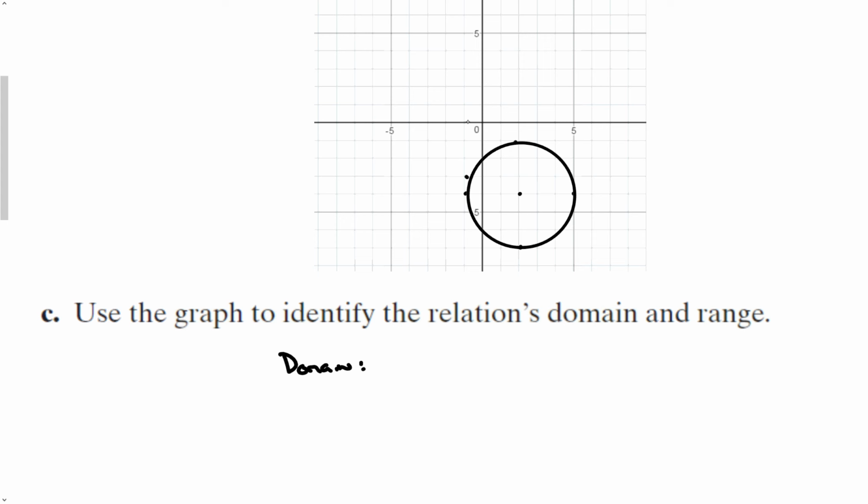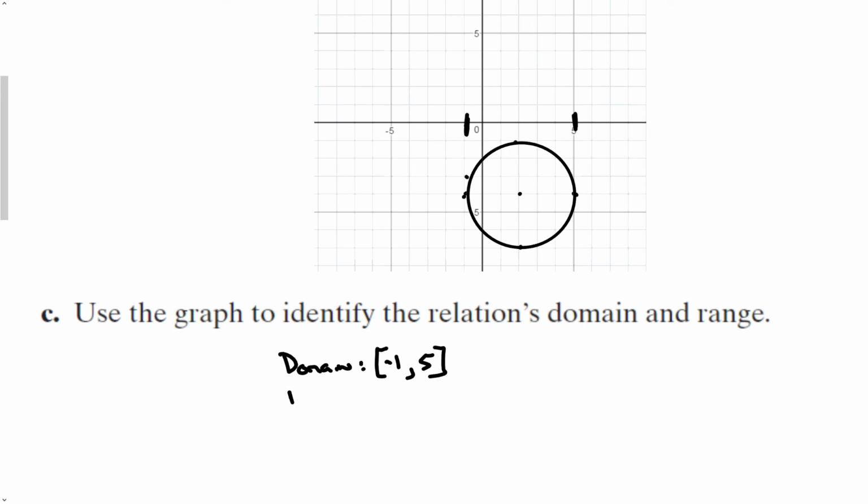And I can see that this relation is defined between those 2 x values. And it does touch those 2 x values on the very edge there at the 1 point directly right and directly left of the center. So I can say that the domain of this relation is from -1 to 5, including -1 and 5.